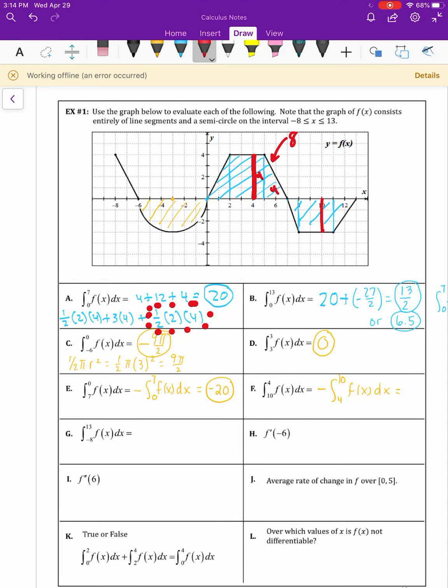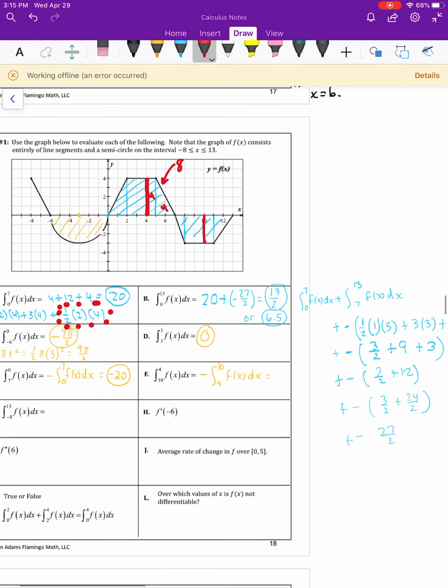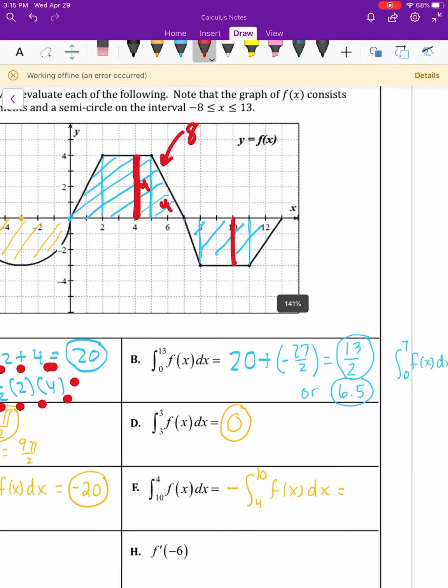That is your 1/2 times 2 times 4. That's that triangle. And then you've got your 1 by 4 rectangle. So that's 8.